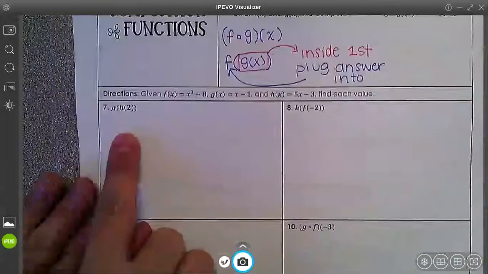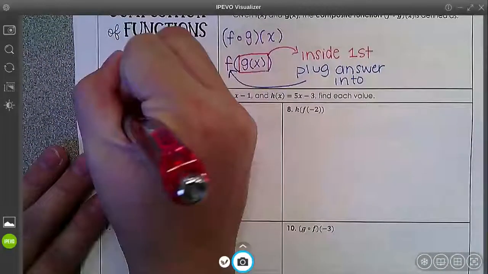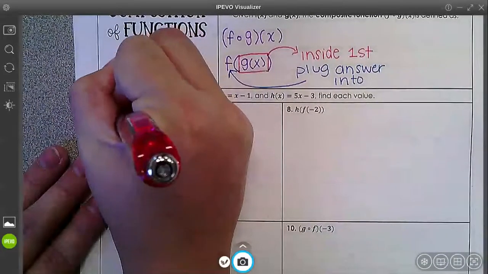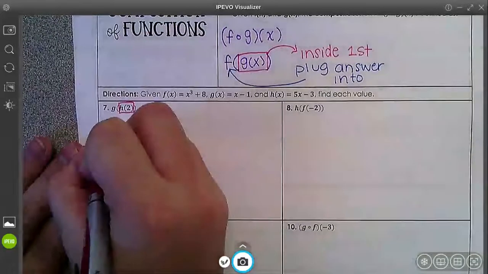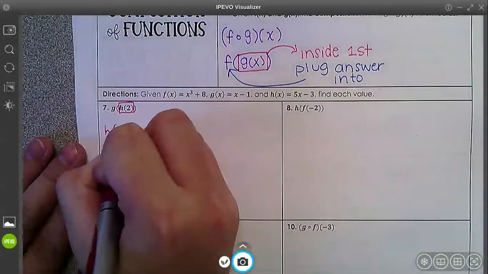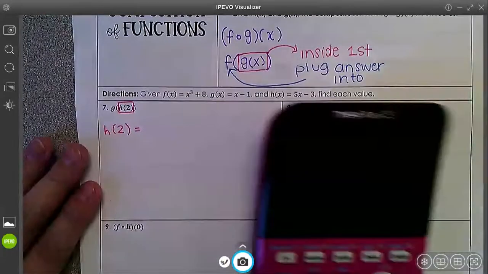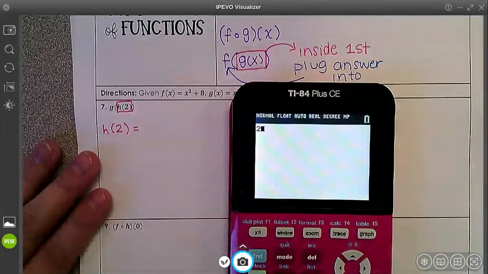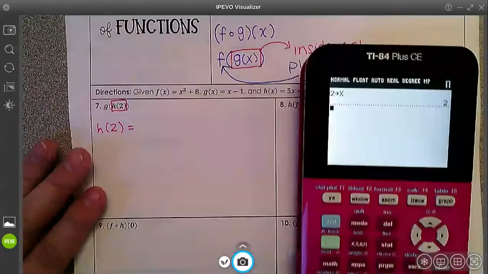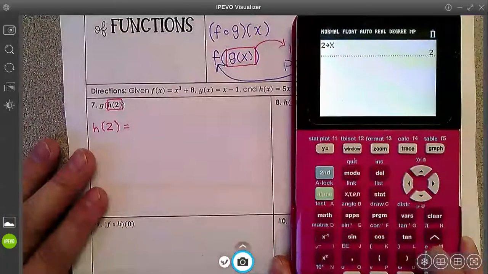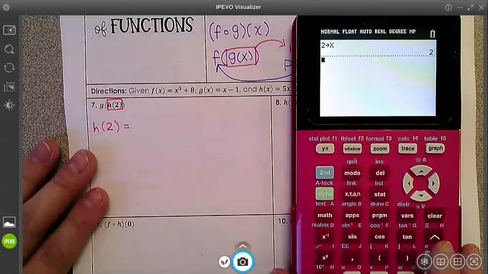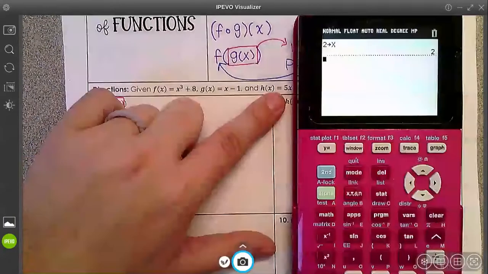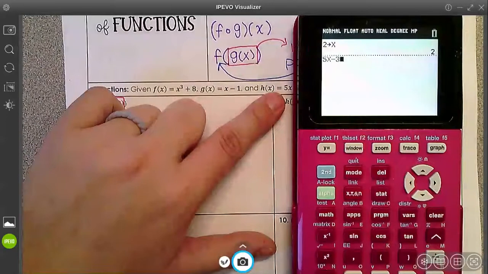So on number 7, we're going to start with this inside h. So we're going to do h of 2. So 2, store that as x. And then my h function is 5x minus 3.